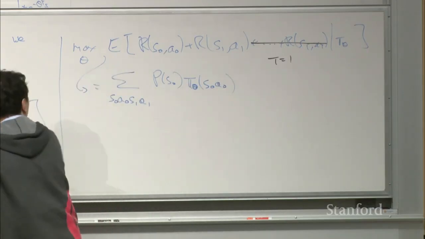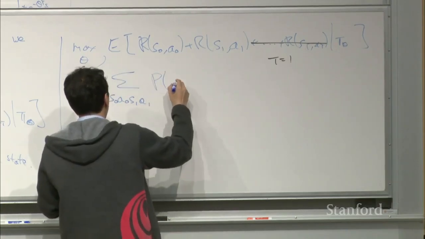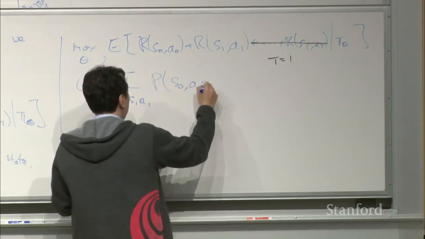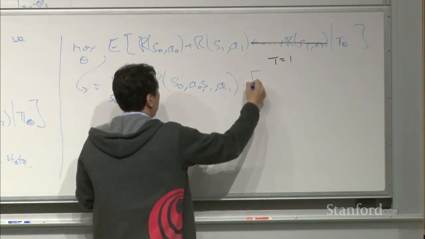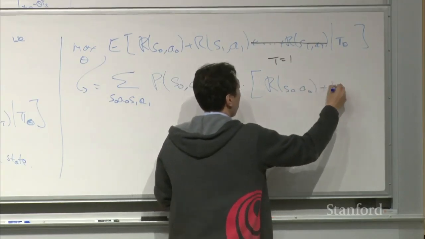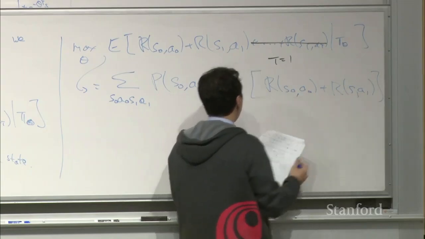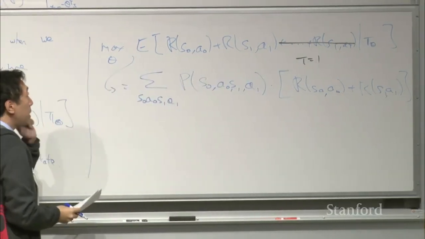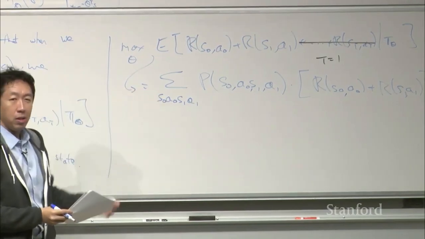Actually, sorry, let me write this out. Right, so it's the chance of your MDP going through the state action sequence, times the payoff. So that's what it means to compute the expected value of the payoff.